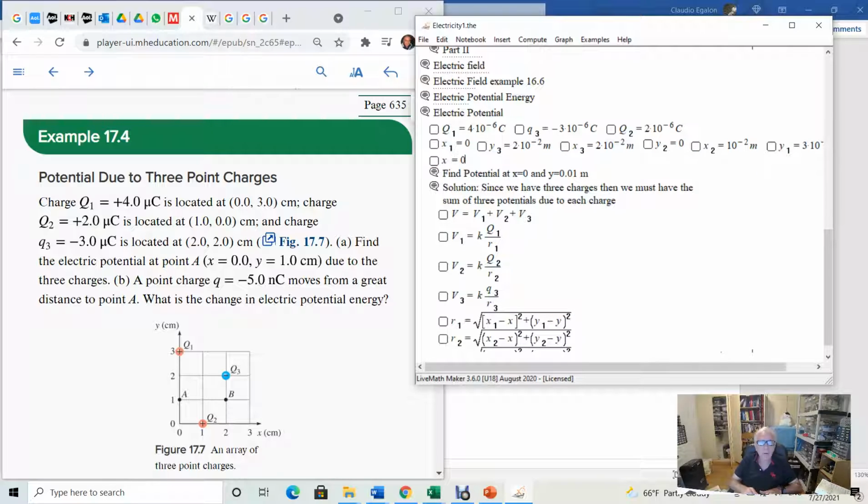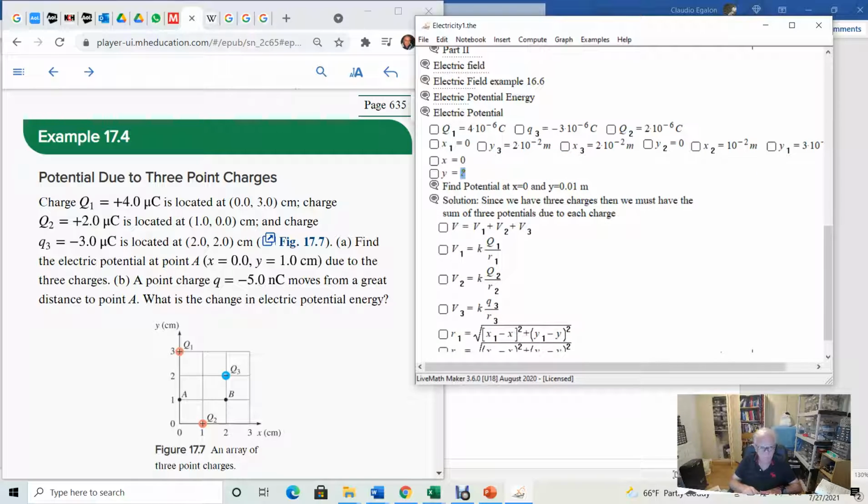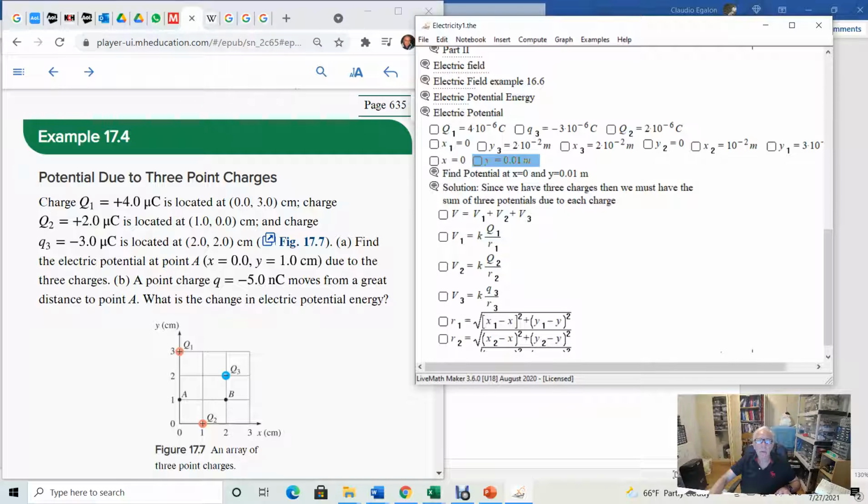X is 0, and y is equal to 0.01 meters. So here you go. I'm going to substitute x1, y1, x, and y. Let's see if we get it right. It's supposed to be 0.02 meters, just like I got.